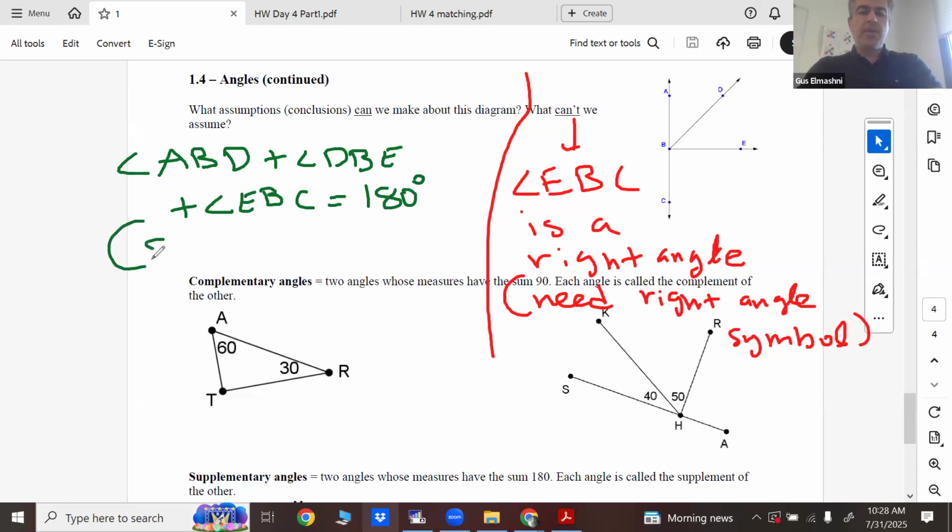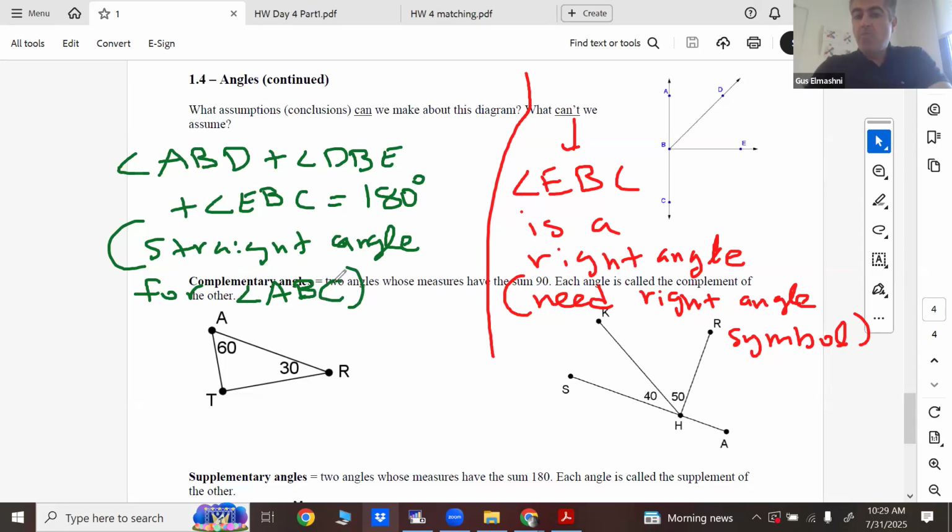And that's because you have a straight angle, straight angle for angle ABC.